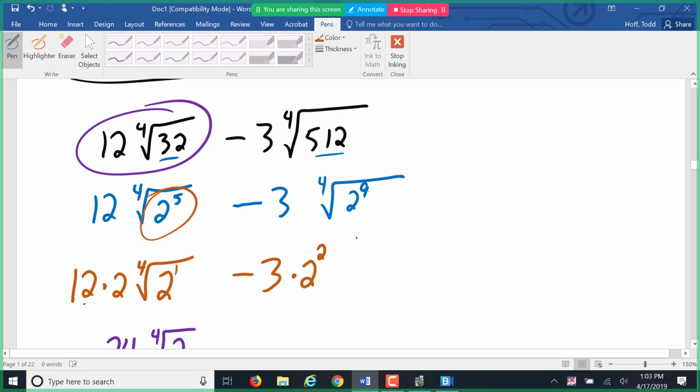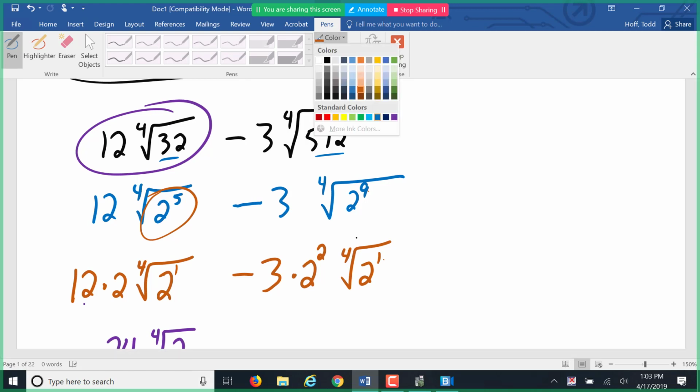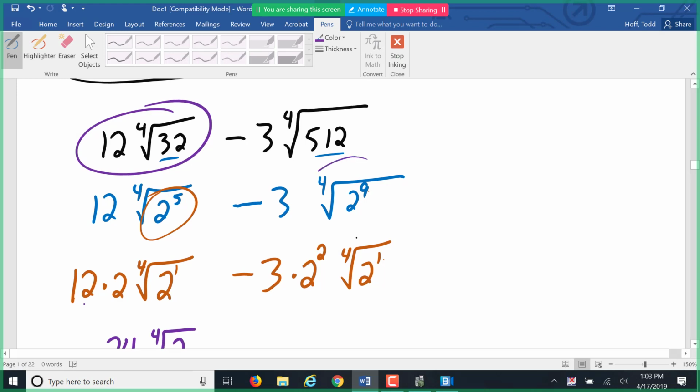So that's 2 to the power of 2 times the fourth root. What's left inside there? 2 to the 1, right? 9 divided by 4 is 2 with 1 left over. Are there any questions on doing this, taking this fourth root of 2 to the 9th and breaking it into 2 squared times the fourth root of 2 to the first?